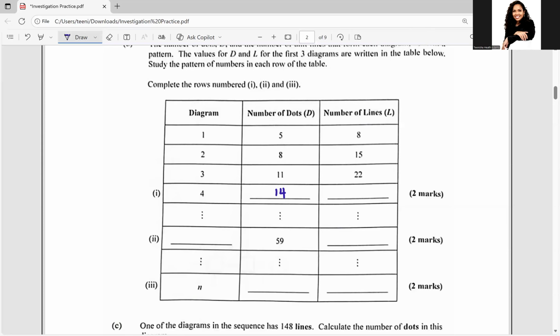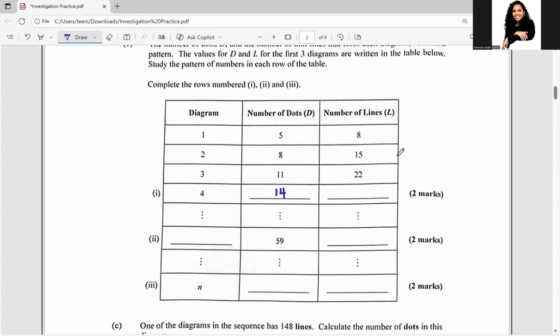And then if we look at the number of lines, we already established from our diagram that 7 lines are being added, right? But if you weren't sure with your diagram, look at the numbers and see what the constant increase is. You would have to subtract, right? 15 take away 8 is 7, and 22 take away 15 is also 7.